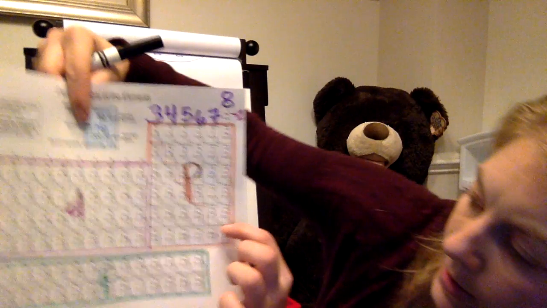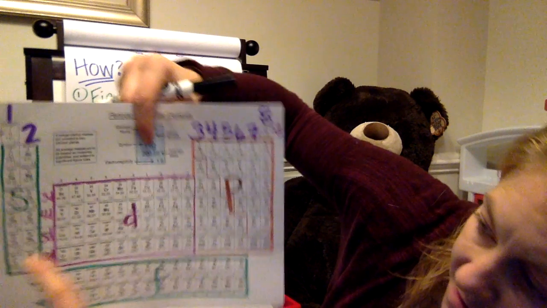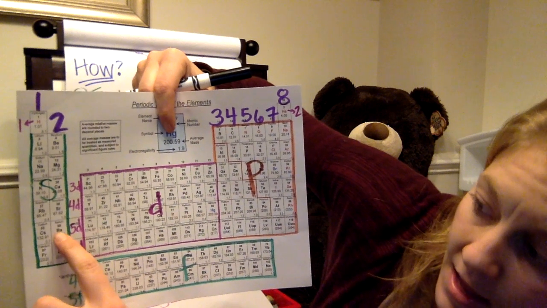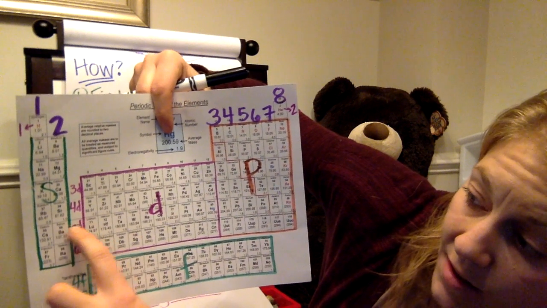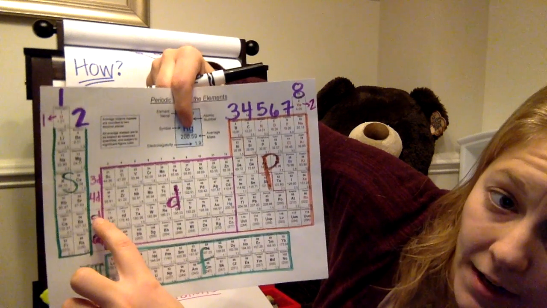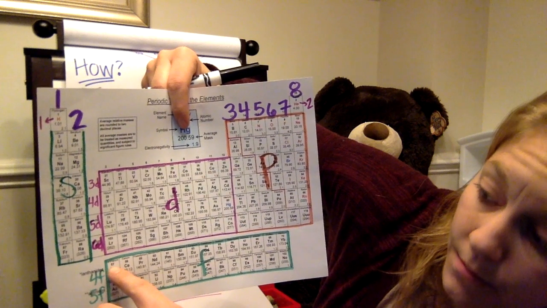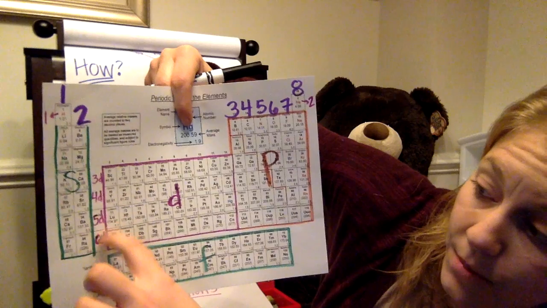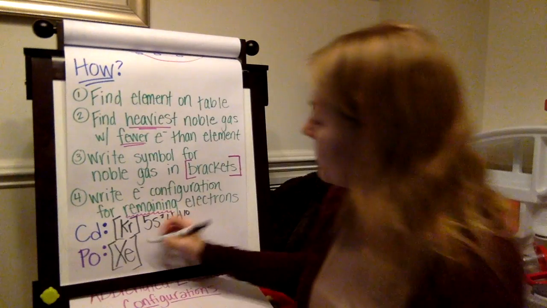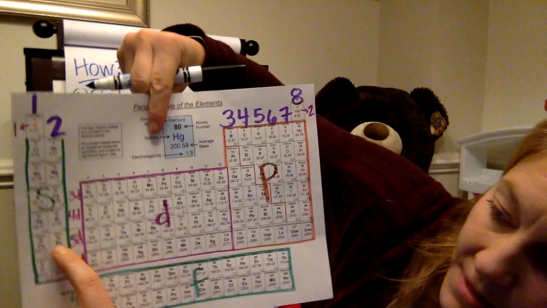Now, from xenon, we're trying to get to polonium. So we're going to come down here. We have 6s. After 6s, we can't jump to the D block, because the F block belongs right in here. Even though it's down here, if you look at the number of protons, they actually belong right here. So we're going to have 6s2. That takes us to barium.